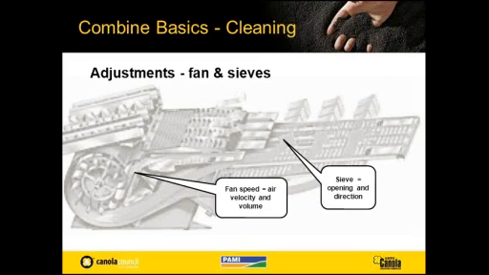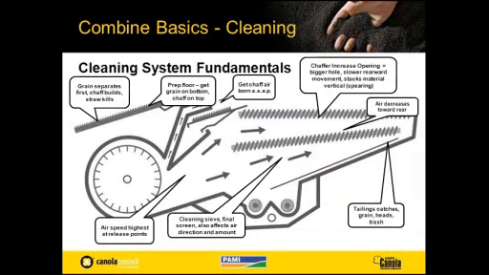You can't get one without the other. And the sieve, there's two parts to it. There is the shaking motion and the opening, and it directs the air. So as you close the sieves down, it really acts like wind boards and will redirect the air at the angle that you set it at.